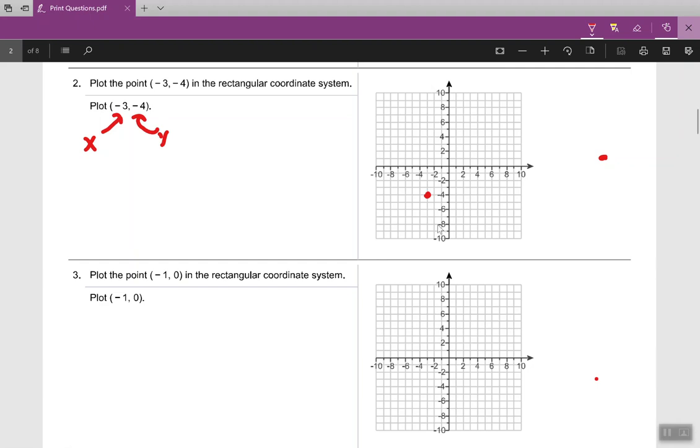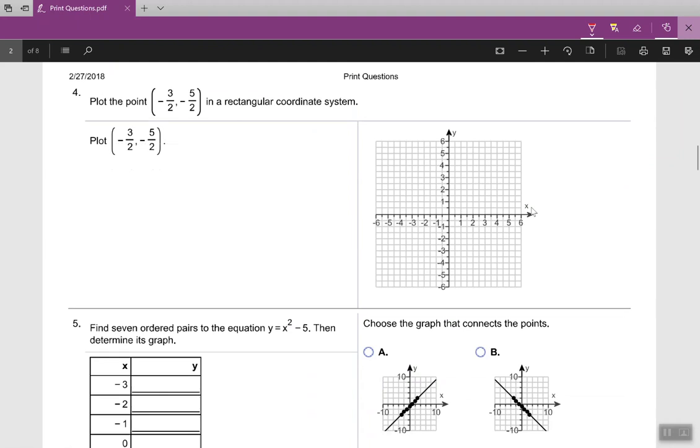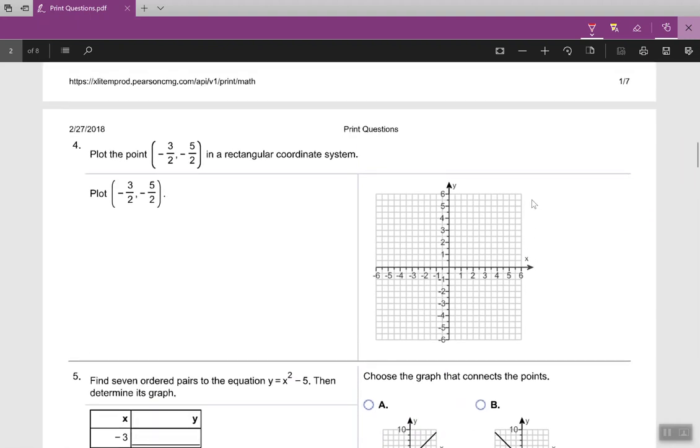Okay, now what if we had a fraction? So if we have a fraction here, an improper fraction where the larger number is in the numerator, I would suggest changing this to either a mixed number or a decimal. So I'm just going to change it to a mixed number, -1 1/2 and -2 1/2, and then plot that point.